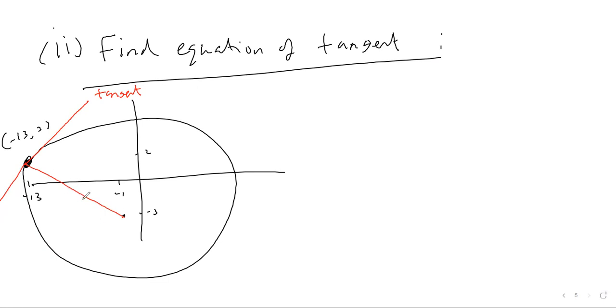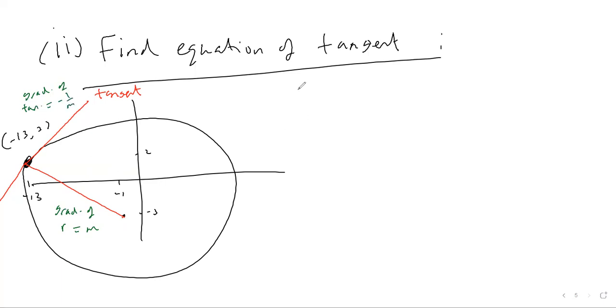So let's say the gradient of the radius, grad of r for radius, is m. Then the gradient of our tangent, grad of tan, is going to be equal to -1/m.